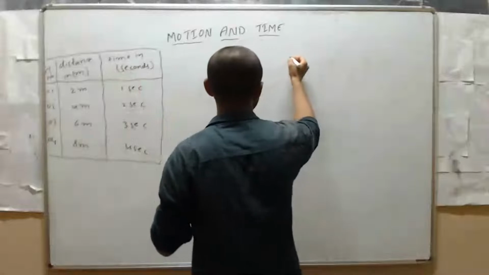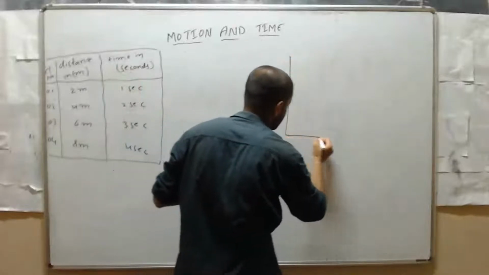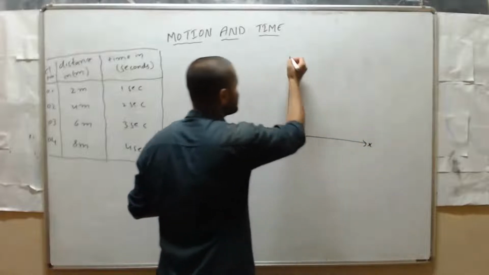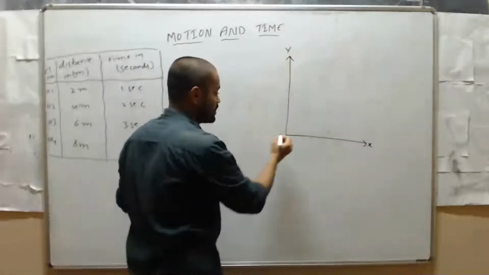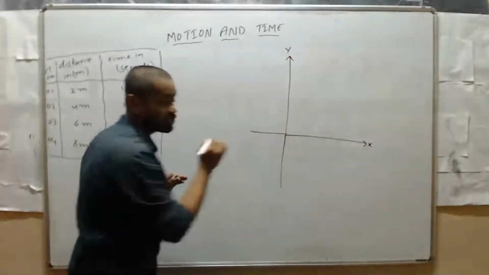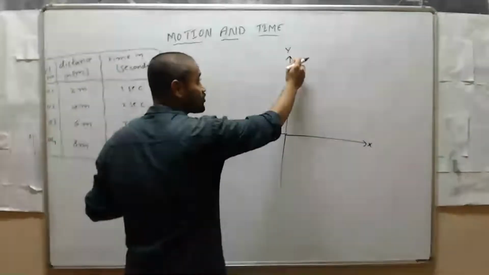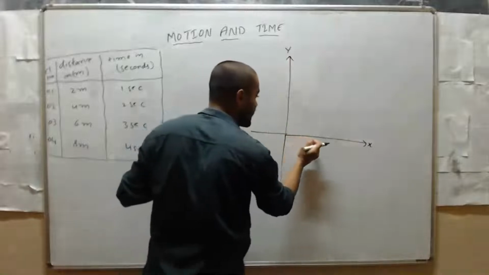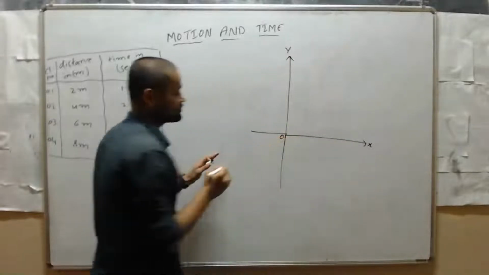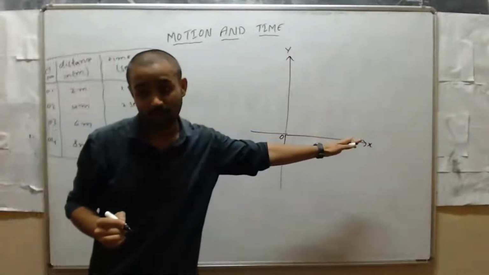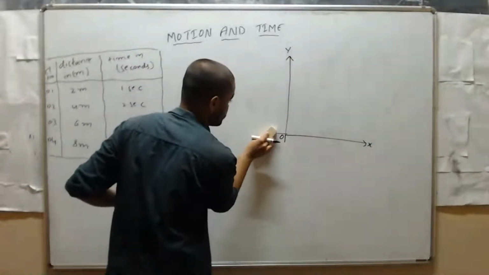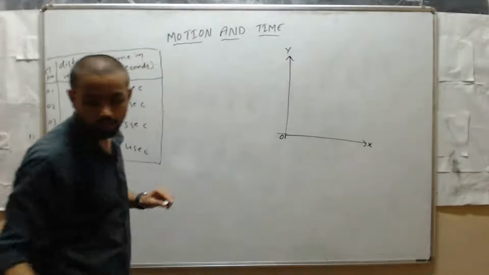I will take the first quadrant. This is the x-axis and this is the y-axis, students. Here the x-axis is also positive integers, and the y-axis is also positive integers. Now I will take this much.